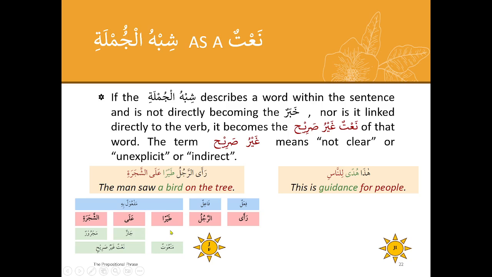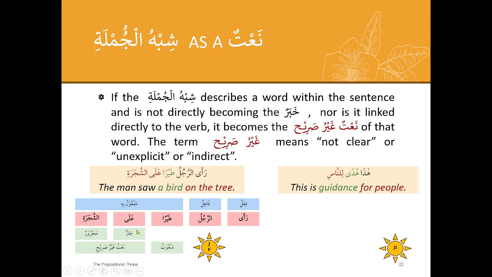It's not the place where ra'a is occurring, sorry. So this is what we call na'tun ghayr sarih. The man can be on the ground and the bird is on the tree. The man is on the ground.